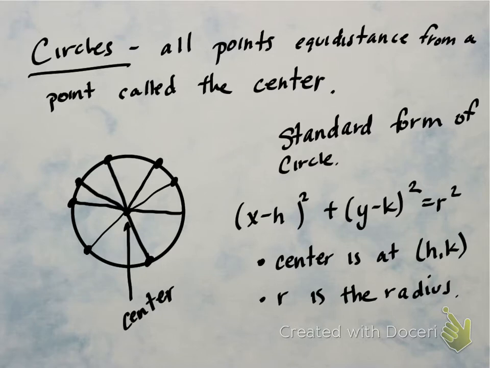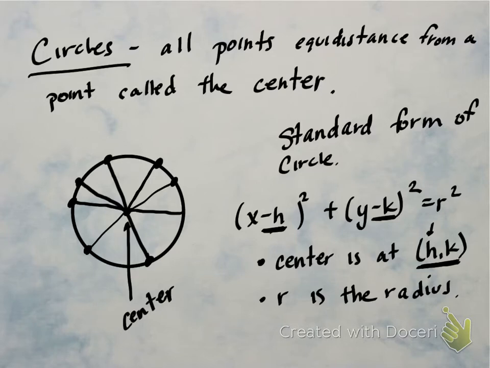Notice that this is a negative h and a negative k, but as we write it down here, it's a positive h and a positive k. What that means is whatever sign is in here, when you write the coordinate for the center, it's going to be the opposite.